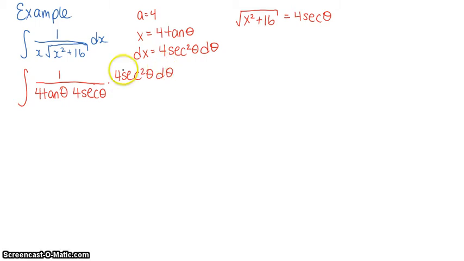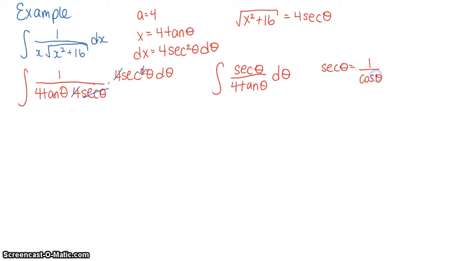And again, you can see that things cross out. One of the secants will cross out with a power. So then I have the integral of, in this case here, secant theta all over 4 tan theta d theta. You bring the 1/4 out, and we know that secant is 1 over cos, and tan is sine over cos.